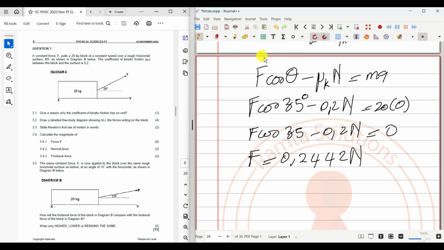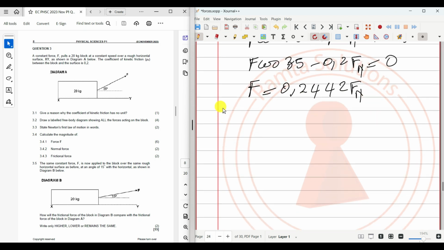Instead of saying n, I want to say F sub n, because I think it's going to confuse us. Even myself, I end up making that mistake. Let me call it F sub n, times the normal force.